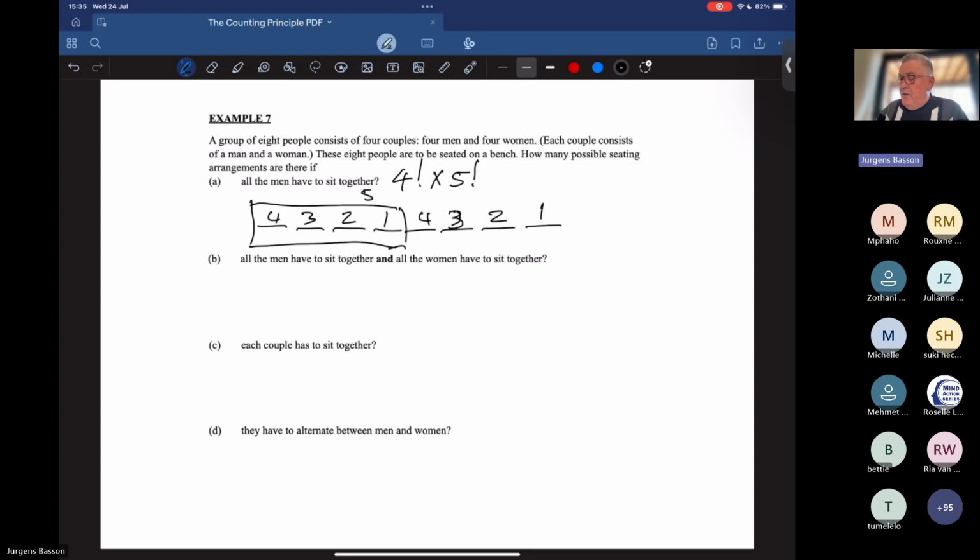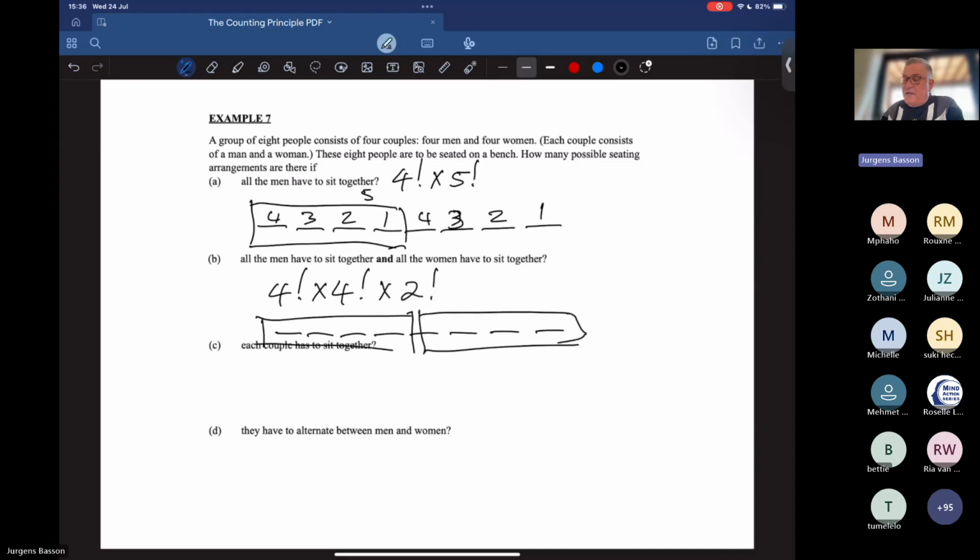It will be 4 factorial for the men times 4 factorial for the women times 2 factorial for the 2 groups, because we've got 2 groups to arrange. So 1, 2, 3, 4, 5, 6, 7, 8. So I can put here the men together, and there I put the women together.